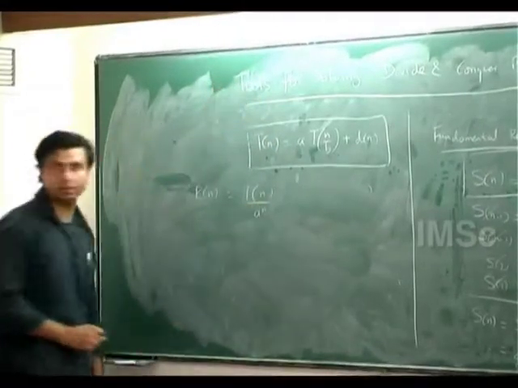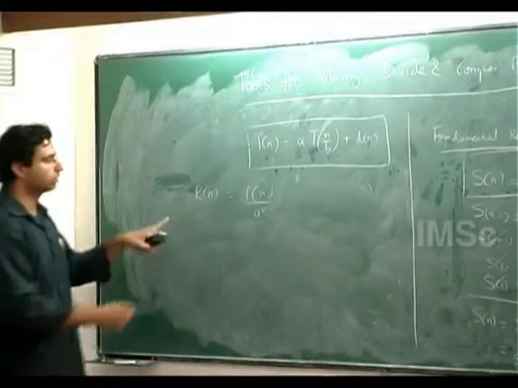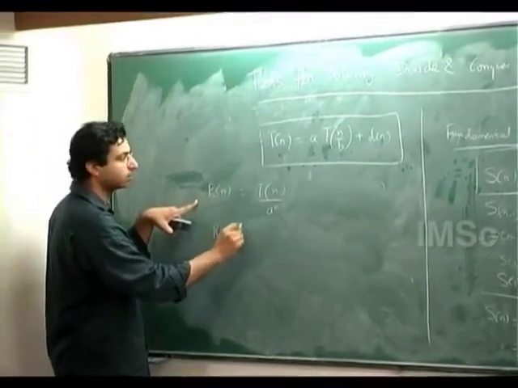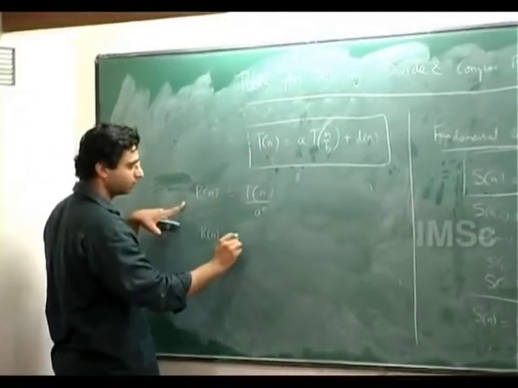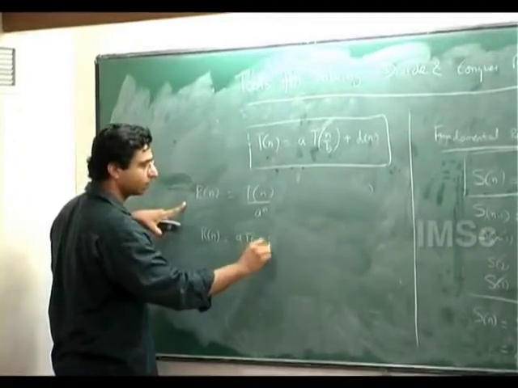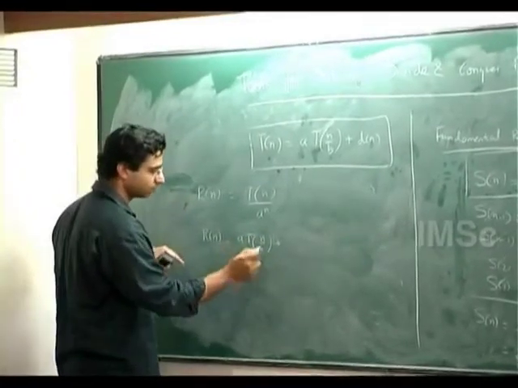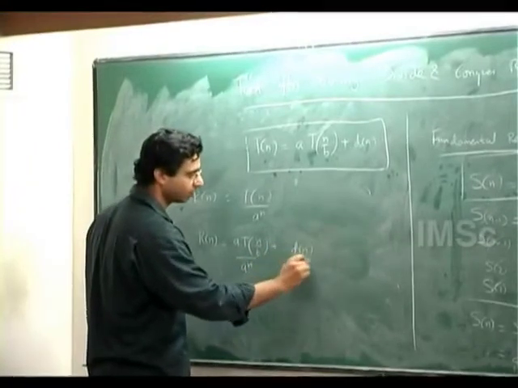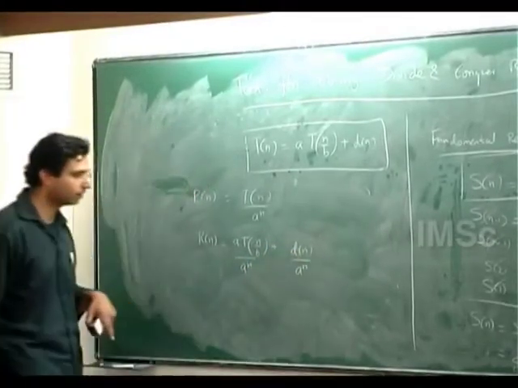a raised to n. So if I plug in this definition, I get T of n by b over a raised to n plus d of n divided by a raised to n.